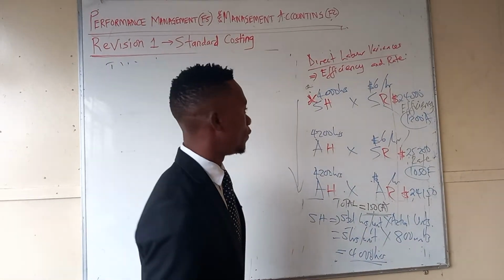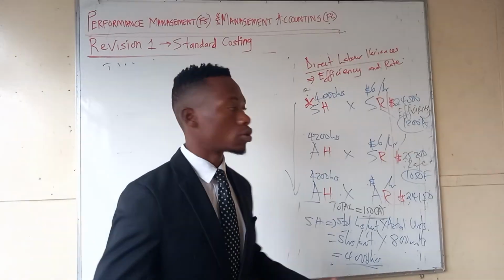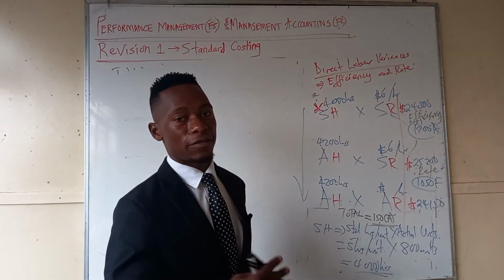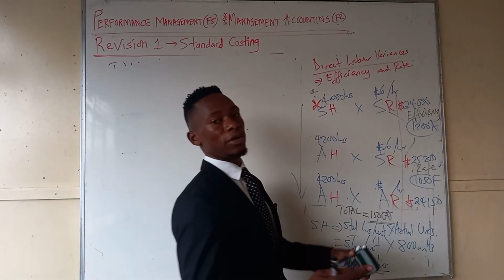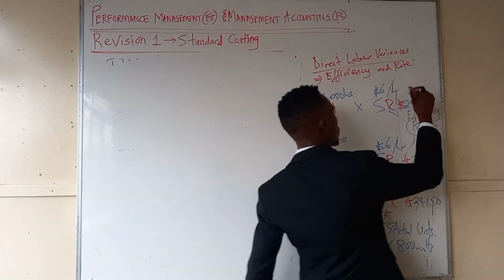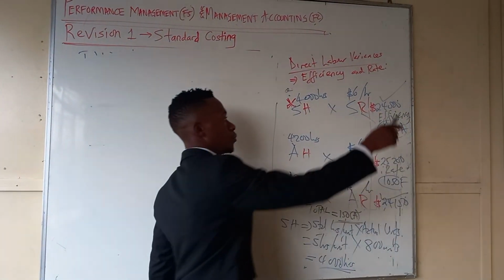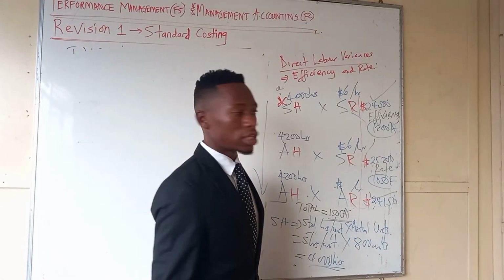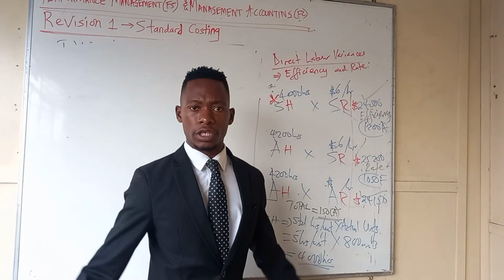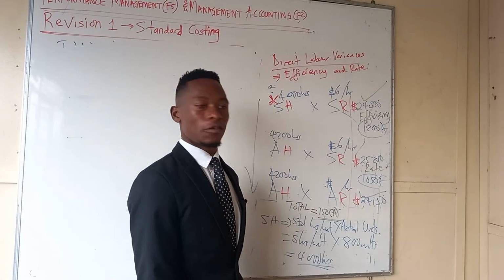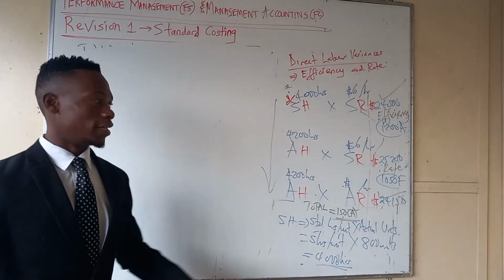To prove that the total is correct, to prove that everything that I've calculated is correct, you just compare the amount that is on the top, this one, versus the one that is on the bottom, this one. You compare the differences, 24,000 versus 24,150. The difference, that's the total variance, that's 150, easy.